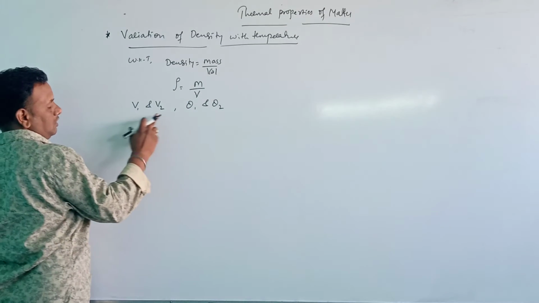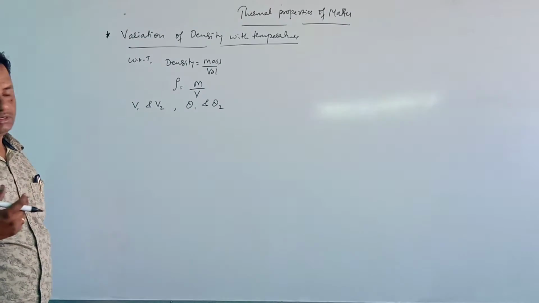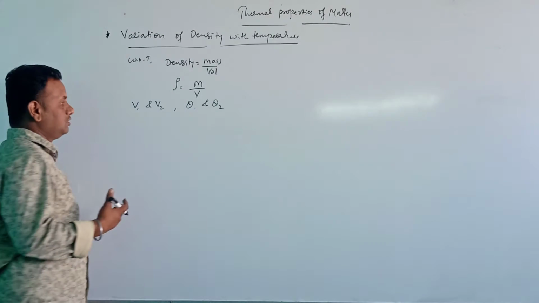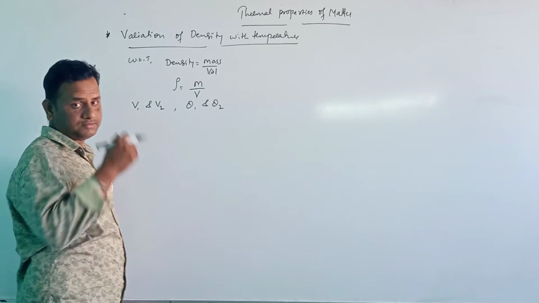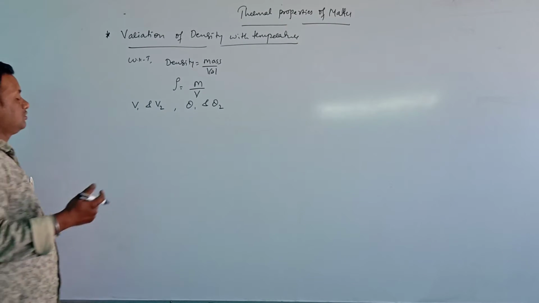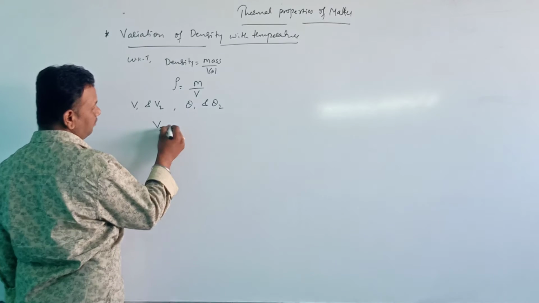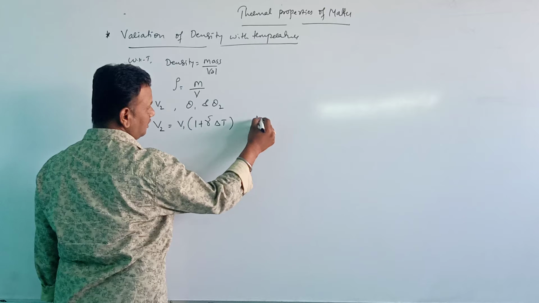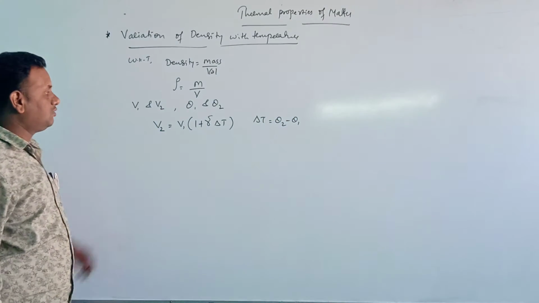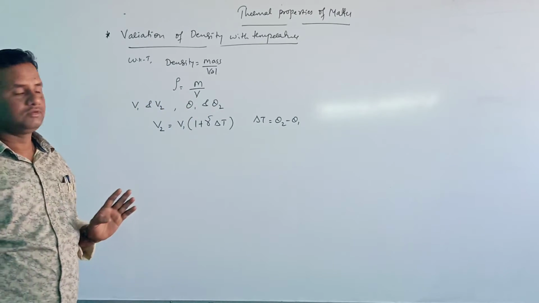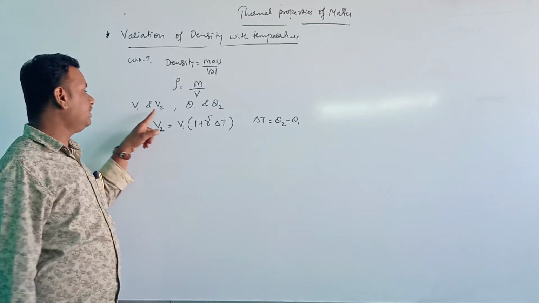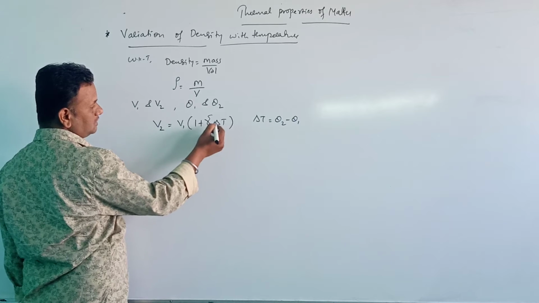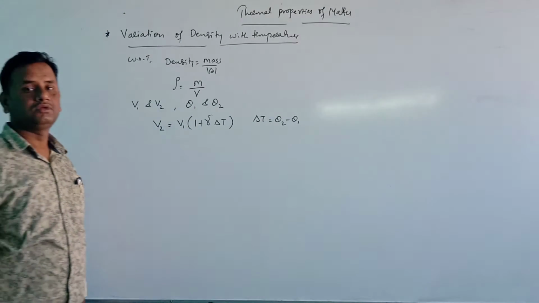When the body is heated from theta 1 to theta 2, there will be a change in volume. So the volume can be written as V2 is equal to V1 into 1 plus gamma delta T, where delta T means theta 2 minus theta 1, and gamma is the coefficient of volume expansion.